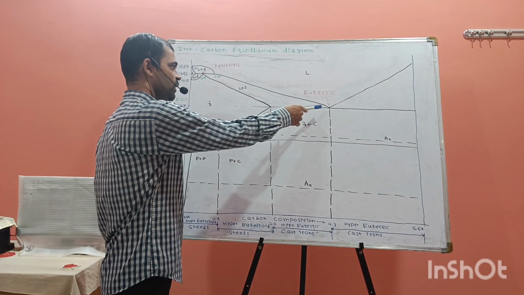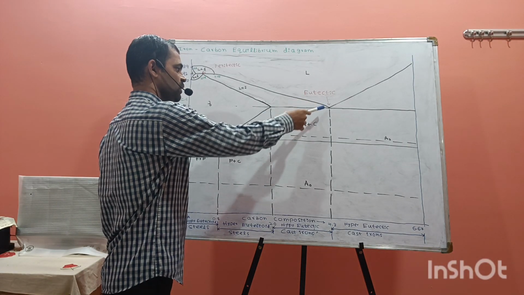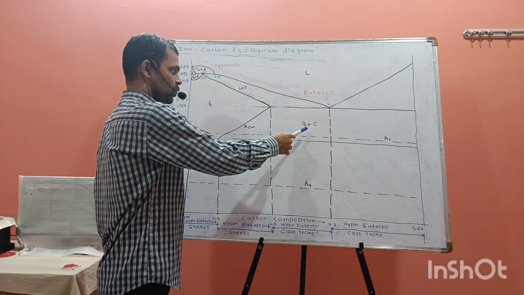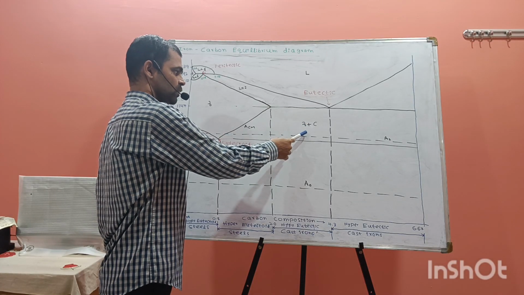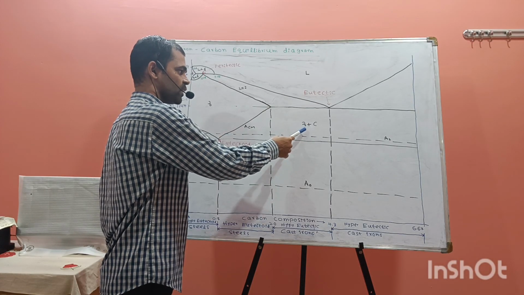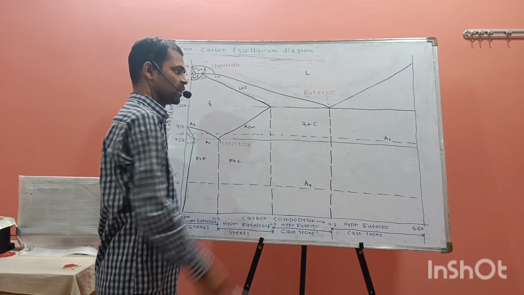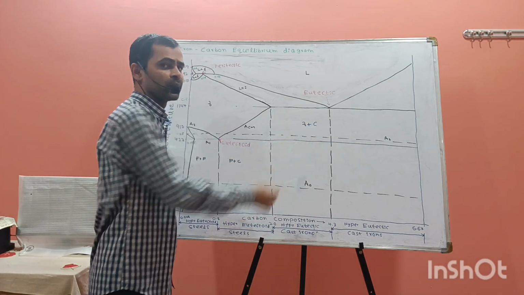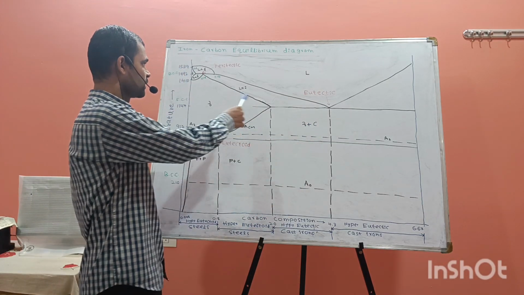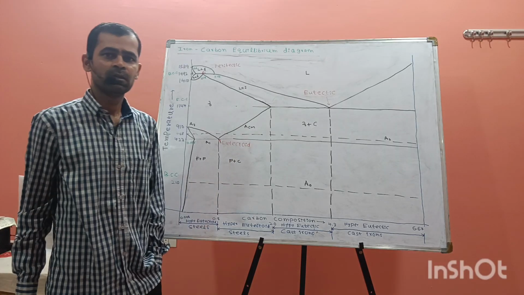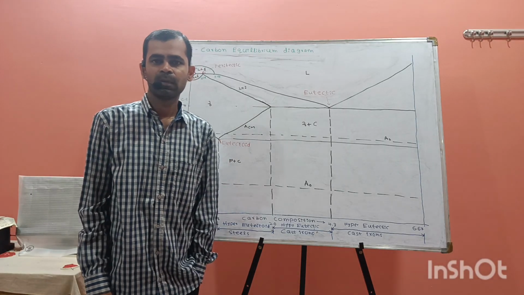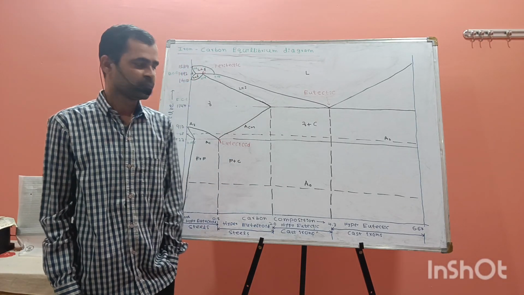At the eutectic reaction, the eutectic mixture of gamma iron plus cementite is called ledeburite. So these are the three important reactions taking place in the iron carbon equilibrium diagram.